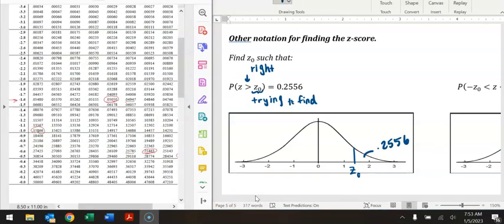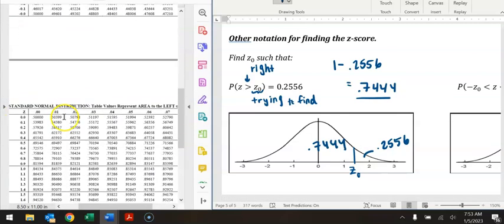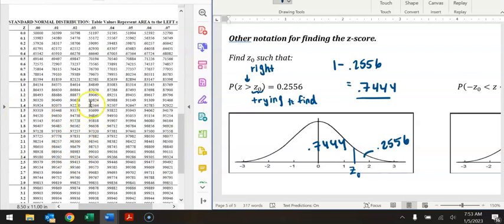Remember, your chart only looks to the left. So let's do a little complement finding here. What do I get? I get 0.7444. So this is the number that we're going to be looking for in your chart. Okay? So 0.7444. Let's see, which is closest?